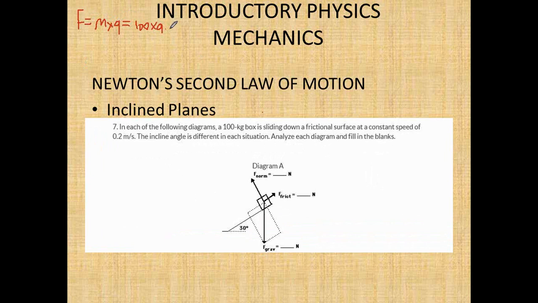So 100 times that is, so the force, let's give everybody their correct symbol, force due to gravity, is equal to 980 newtons. So the force due to gravity is 980 newtons. Okay? Because we know that the force due to gravity is the mass times the acceleration.